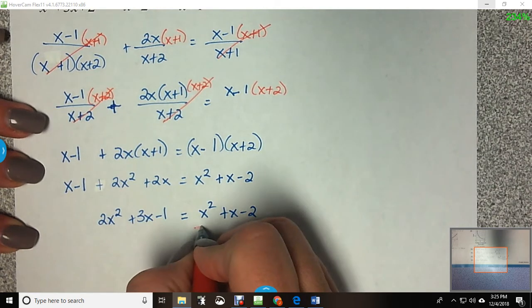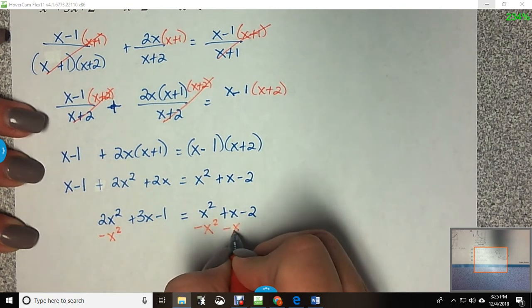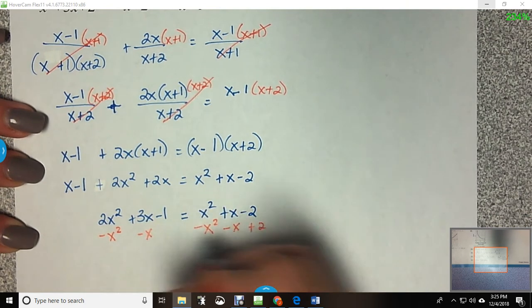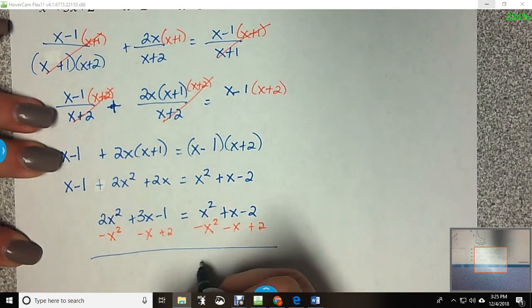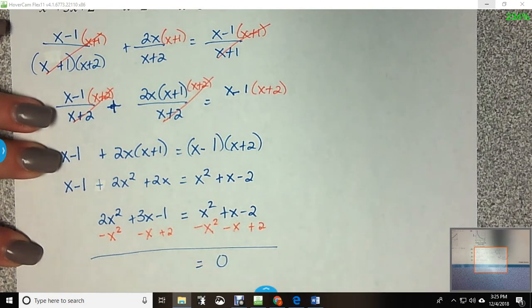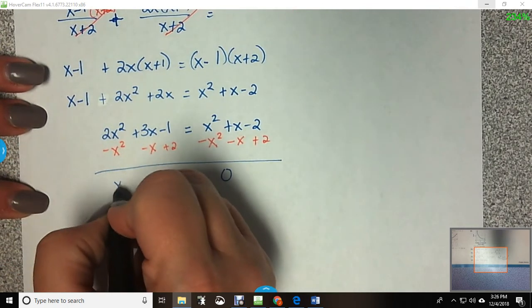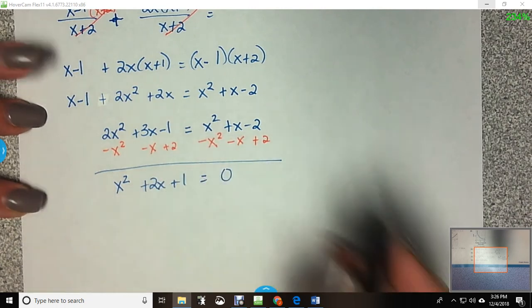So I'm going to move my x squared over, so subtract it from both sides. I'm also going to go ahead and subtract that x from both sides, and I'm going to add the 2. And that way, on the right-hand side, everything cancels and I get 0. On the left, I get x squared plus 2x plus 1.